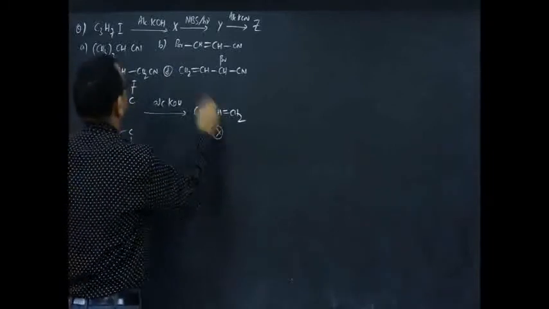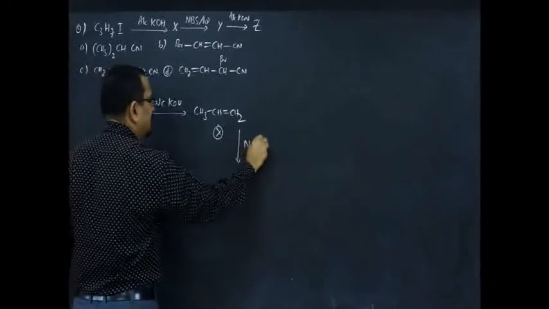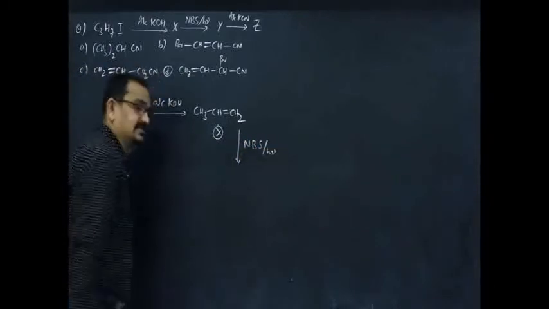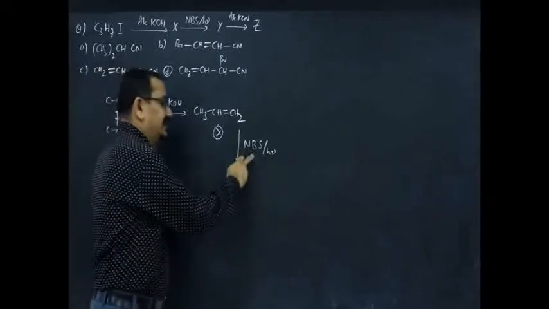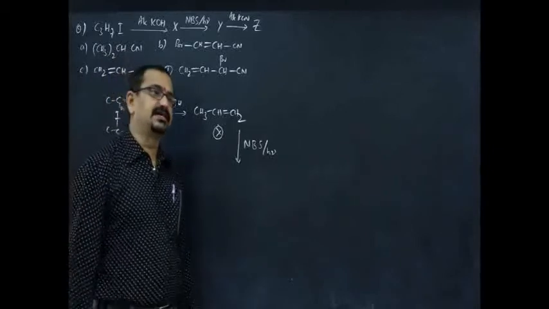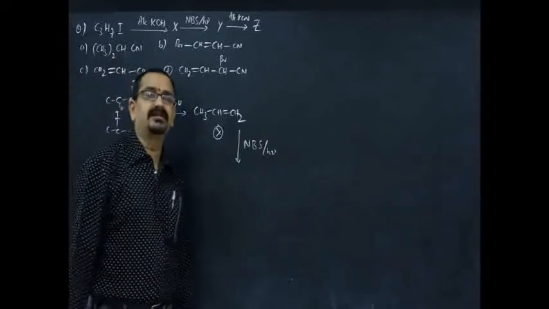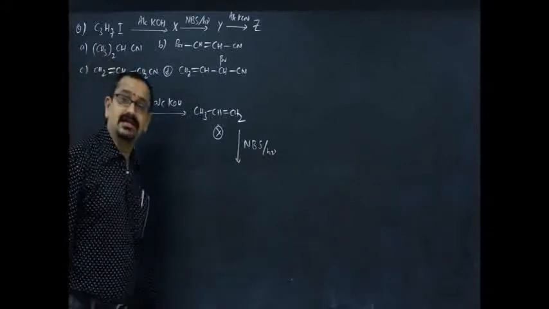This is X. Now, this X is subjected to allylic halogenation in the presence of N-bromosuccinimide. We already discussed a few minutes before: N-bromosuccinimide, sulfuryl chloride SO2Cl2 in the presence of sunlight, and halogens at high temperature lead to allylic halogenation.